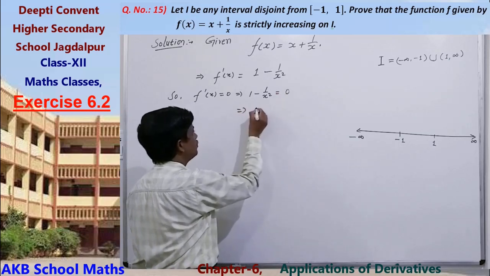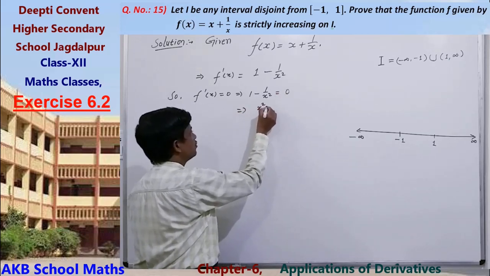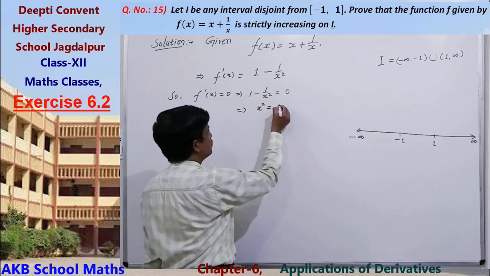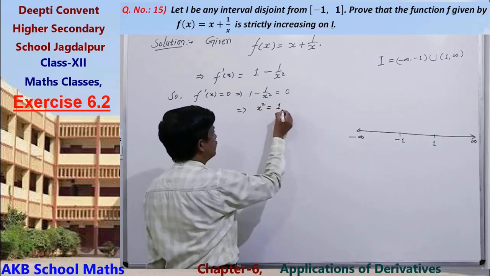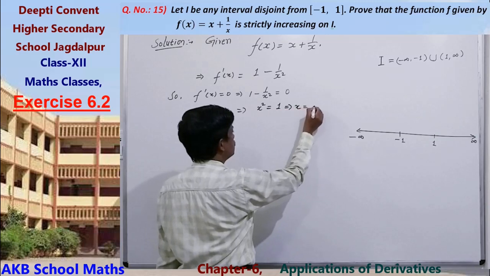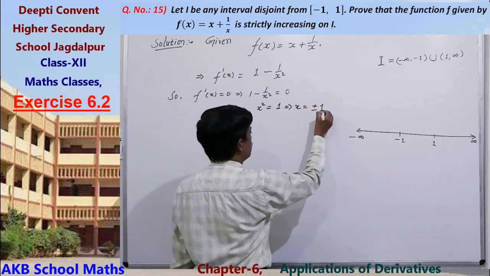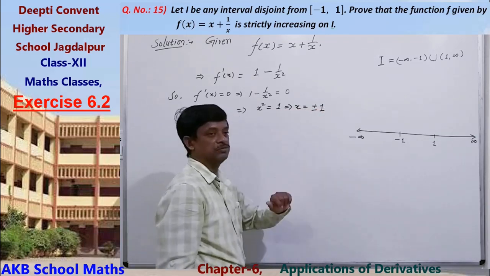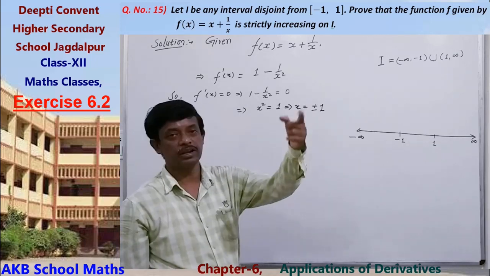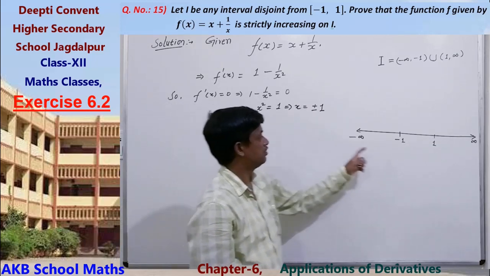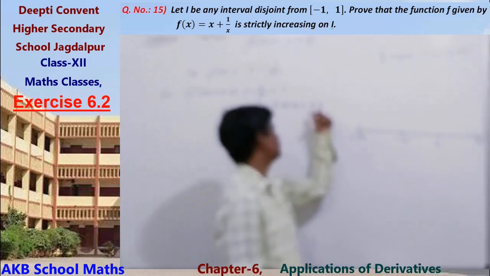Solving it, we get x² = 1, so x = ±1. These are the values which divide the whole real line at -1 and +1.